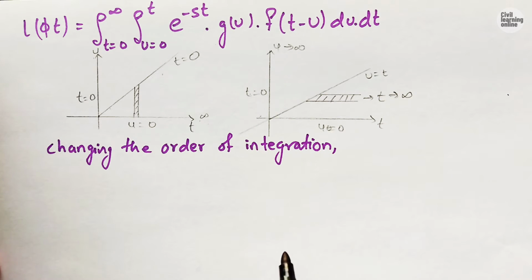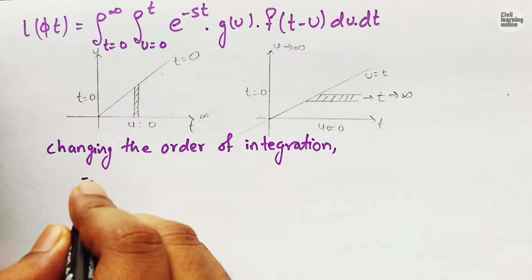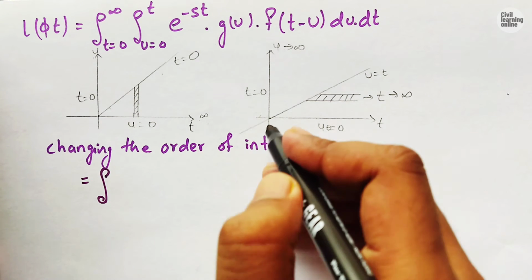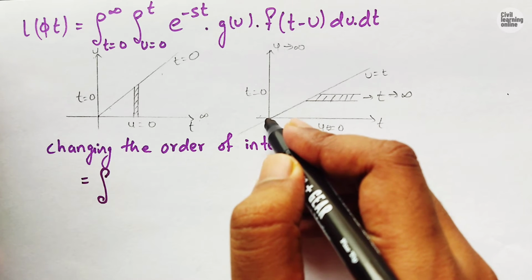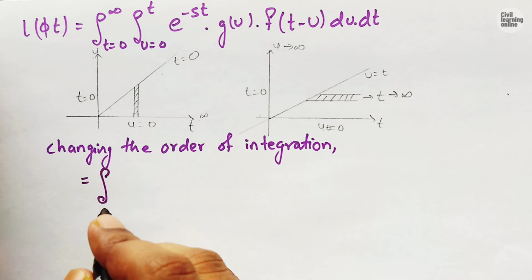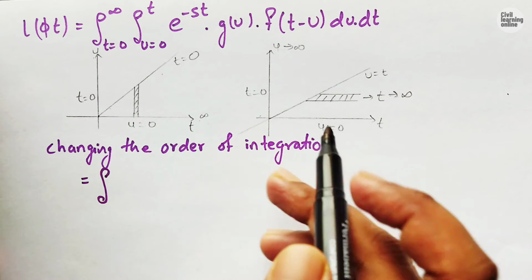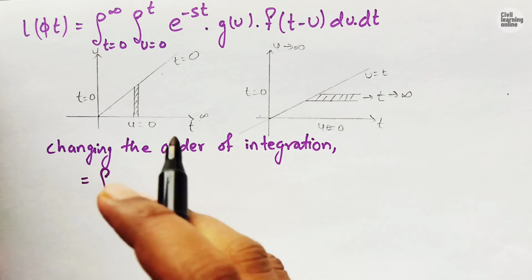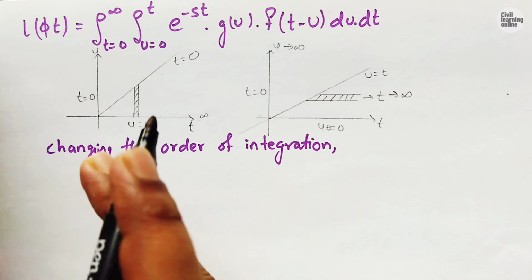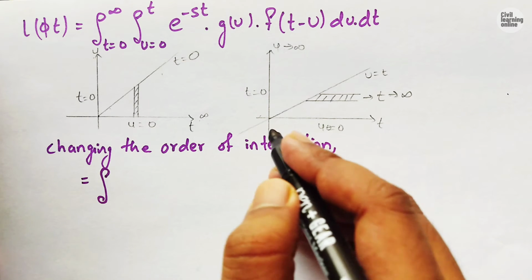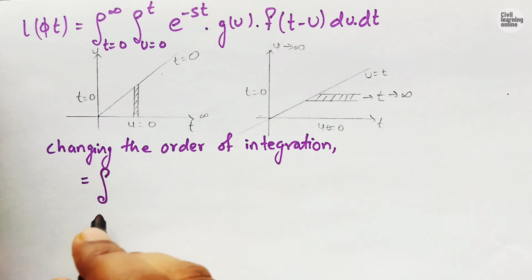So now on changing the order of integration, we will have here integration for considering we have u equals to 0 to u equals to infinity, because initially we had t equals to 0 to t equals to infinity. Now we are changing the order of integration, so we will take u instead of t. Okay, so we have u equals to 0 to u equals to infinity here.